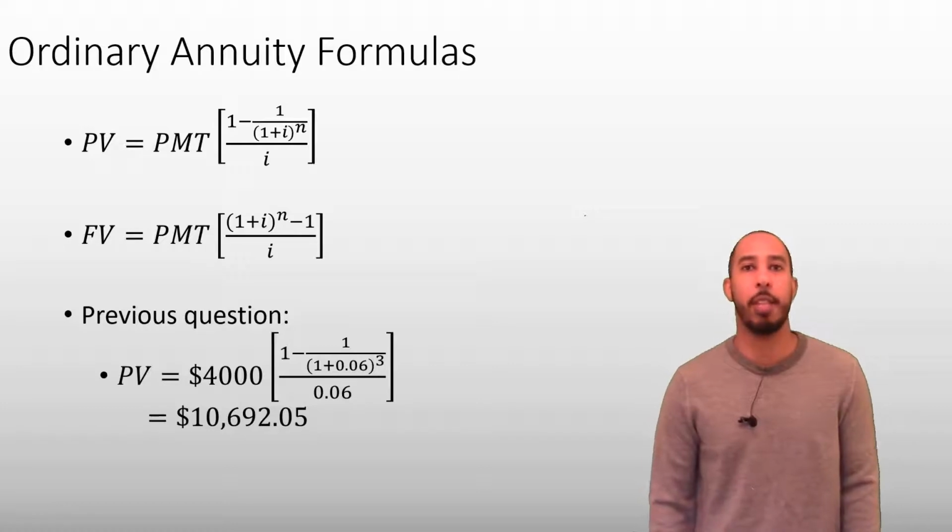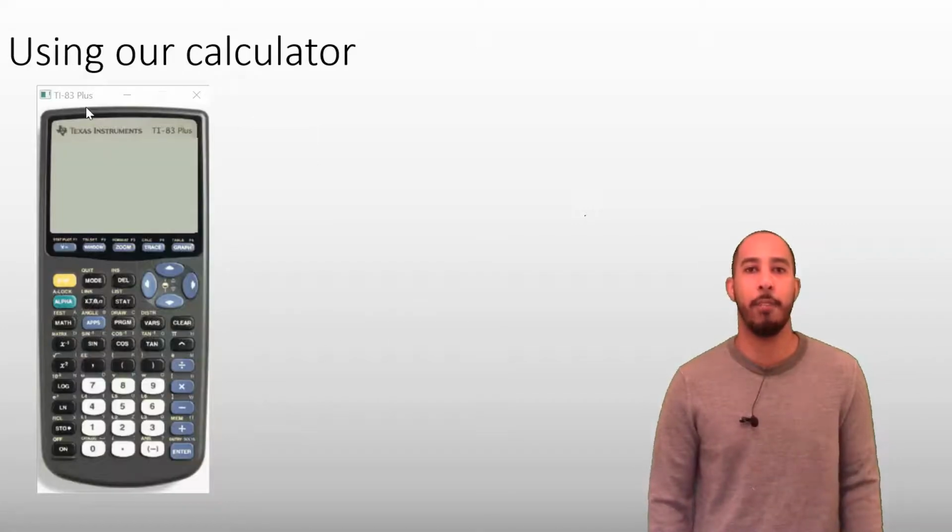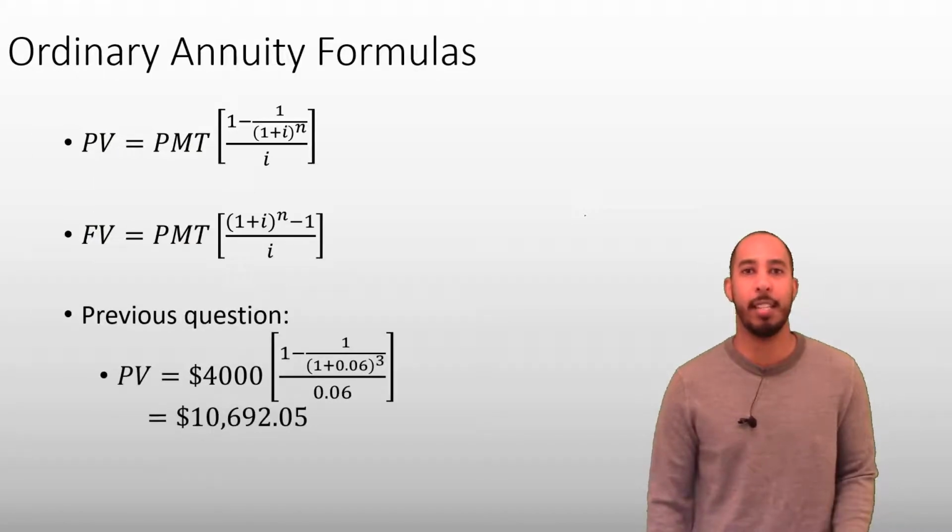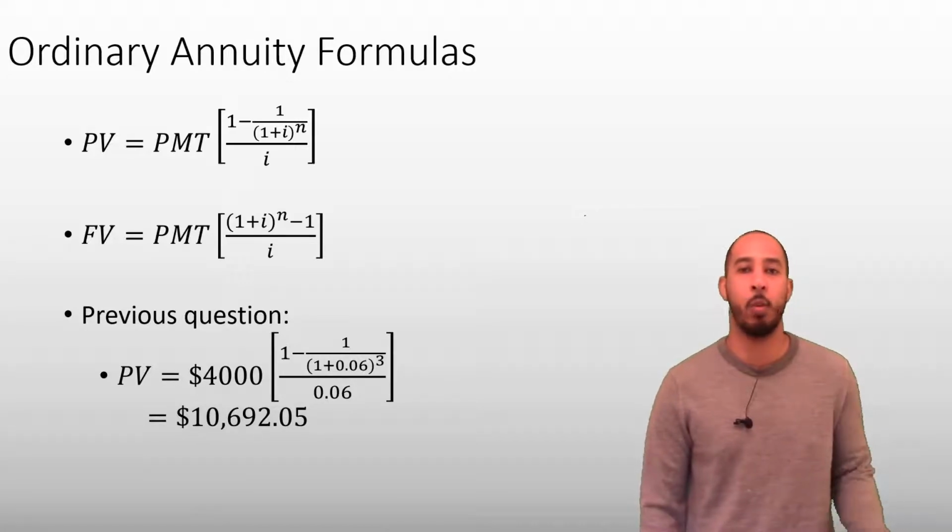N in this case will represent the total number of payments, and I will be the periodic interest rate as usual. And you'll notice we get the same result as we did finding the value of each cash flow individually. But this is a much quicker process, especially if you have a lot of cash flows to work with. A 100 payment annuity, for example, instead of the 3 payment annuity that we just worked with here.